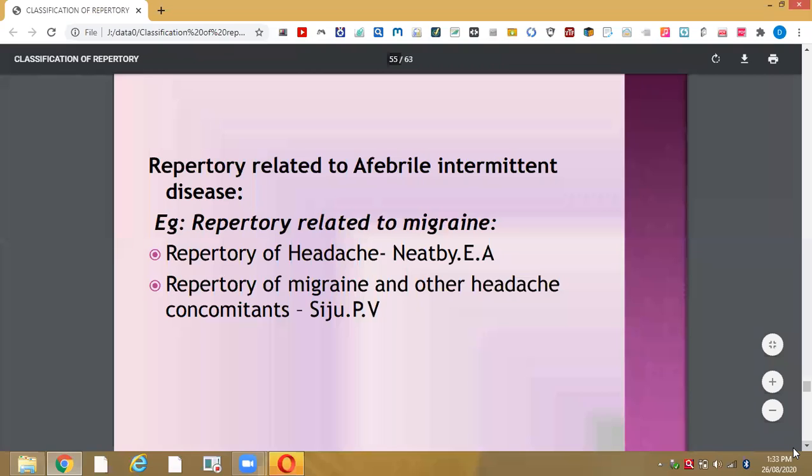Examples of these repertories are repertory of headache by Nidhi, then repertory of migraine and other headache concomitants by Siju P.V.